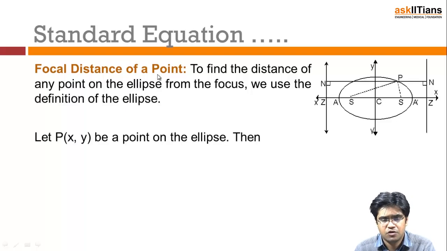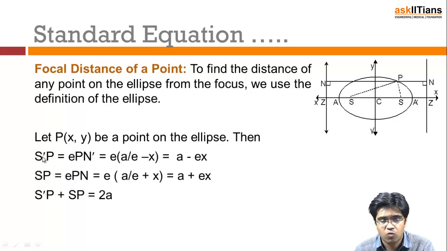It's very obvious. Suppose that we have this as an ellipse. Now this is the point P, the point that is moving on the ellipse, and these are the two focuses, one is S dash and one is S. If I want to write the distance of this point P from this focus S dash, I am going to write S dash P is equal to e times P n dash. We know what P n dash is.